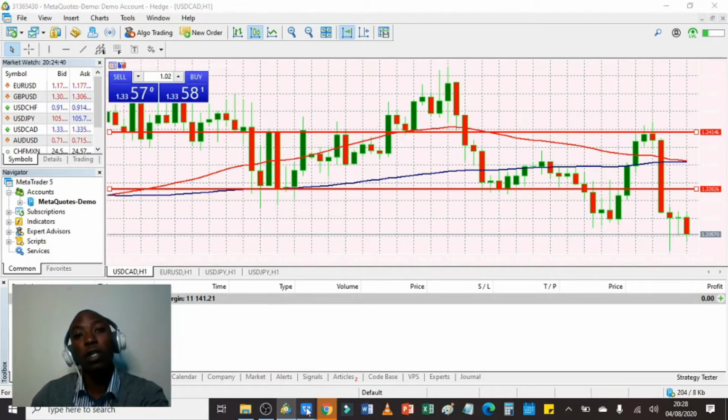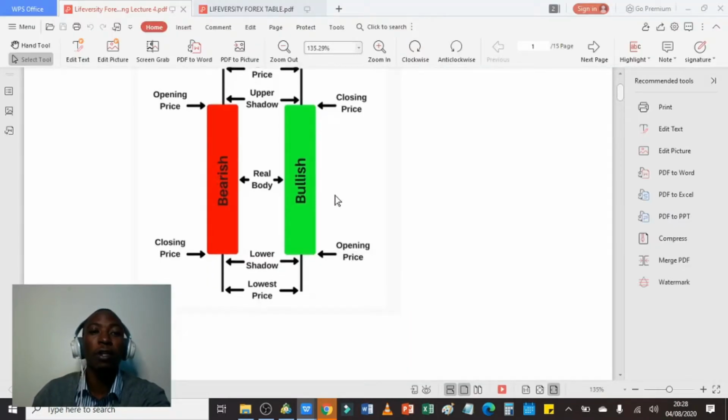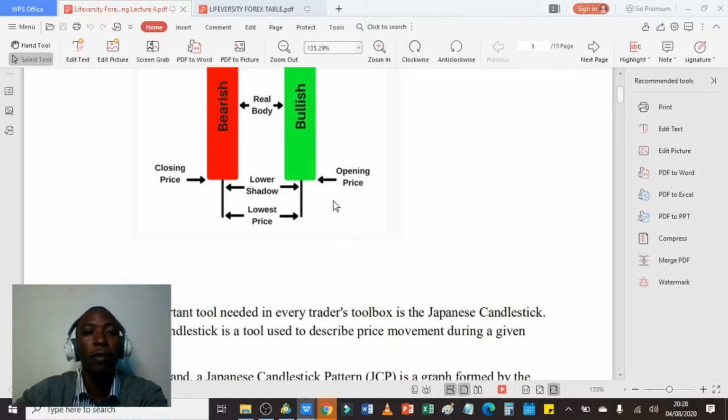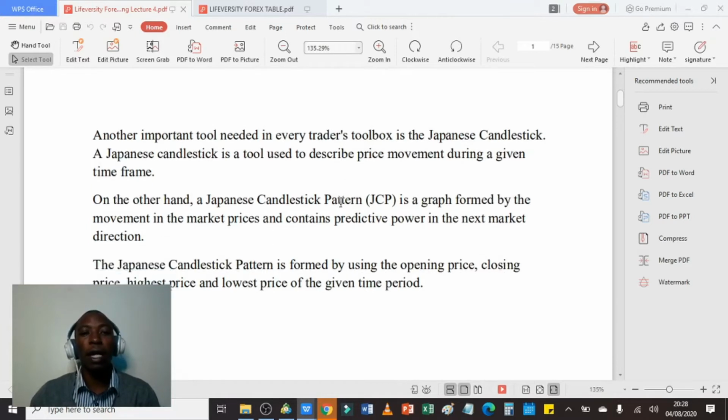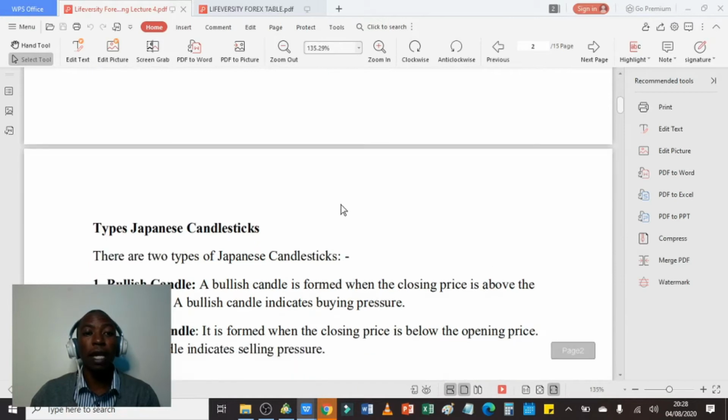Basically, that is what you need to know about the Japanese candlesticks. I have attached the PDF document. You can refer to it from time to time to back up what you're learning in this lecture. This is a very important tool that you need in your trader's toolbox, and what the Japanese candlestick does is simply help you to predict price action.